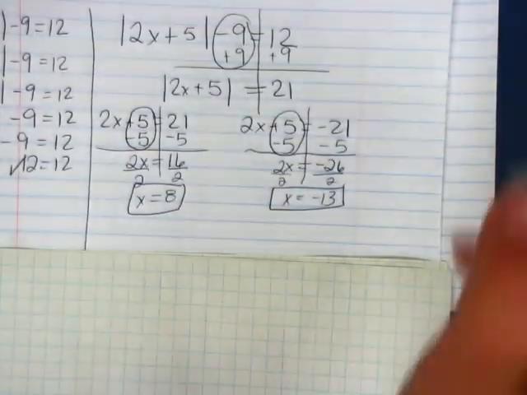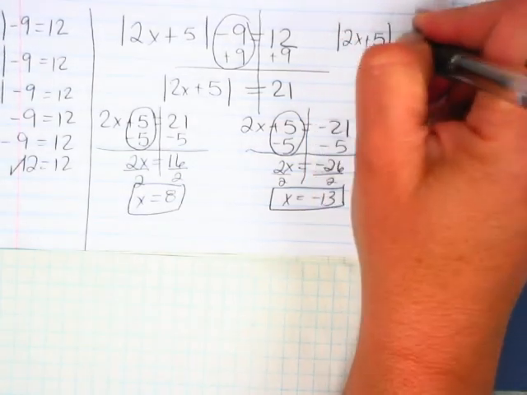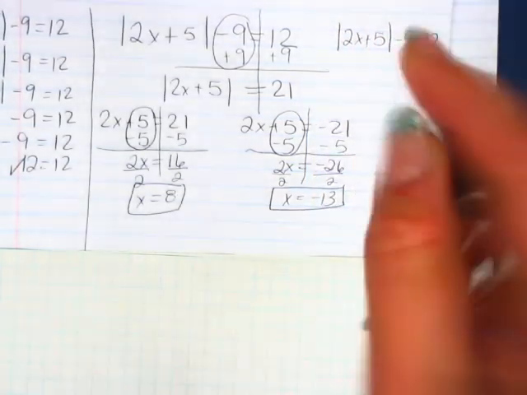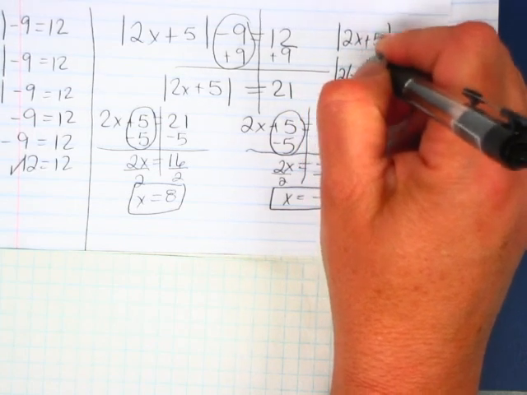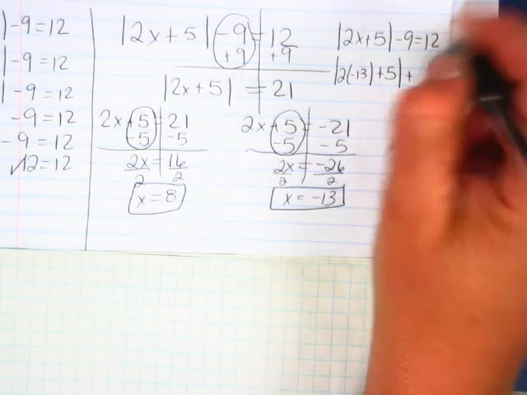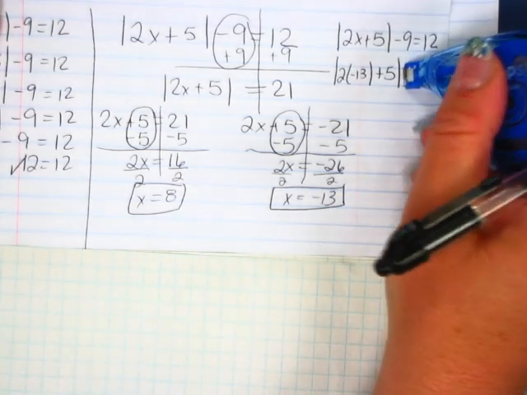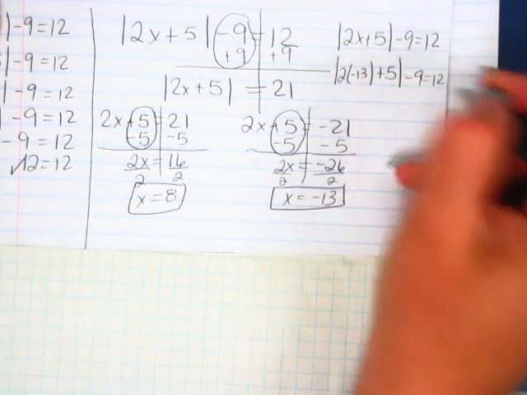We come over on the side. I'm going to do the check over here. 2x plus 5 minus 9 equals 12. We're looking at negative 13. So 2 times negative 13 plus 5, absolute value, and that is actually minus 9, not plus 9, equals 12.